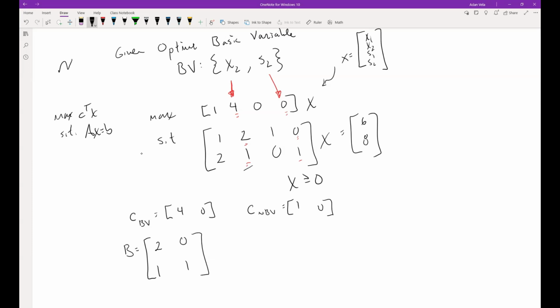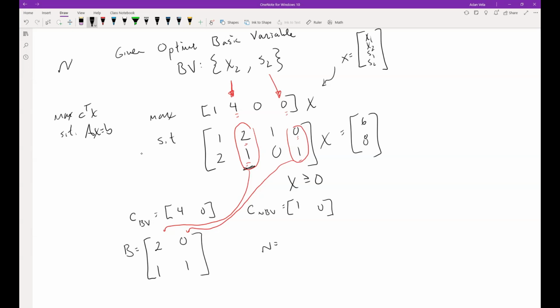Again, I'm just taking these rows out. Similarly, we can define our N matrix, which is everything else.